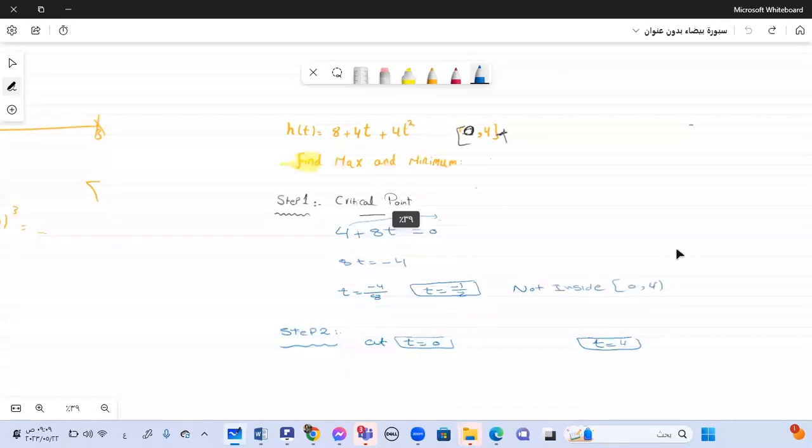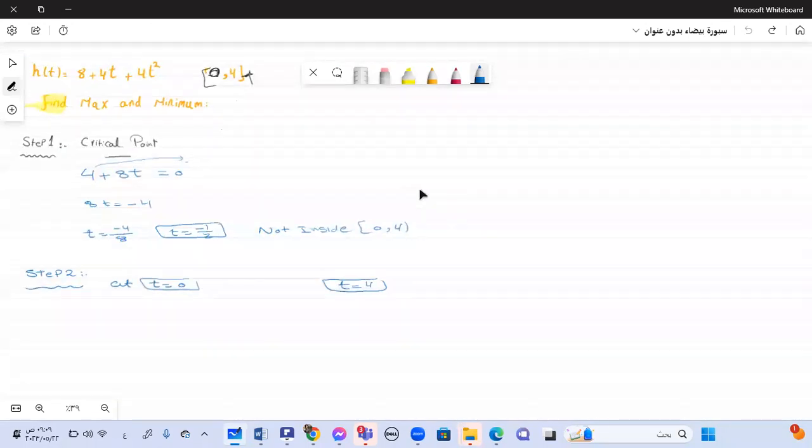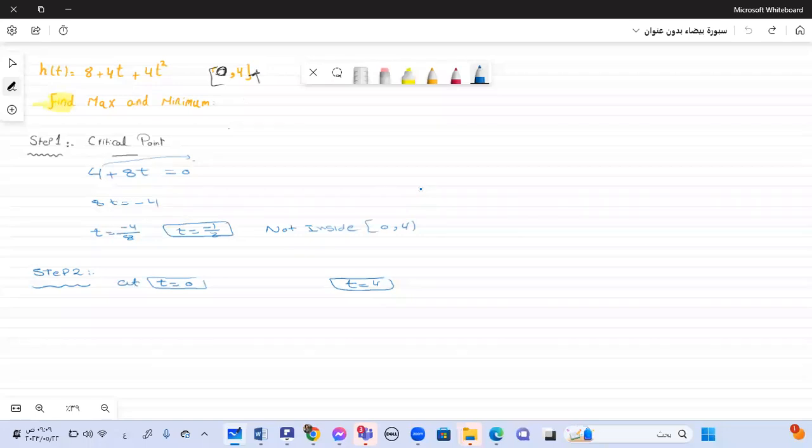Here it is, let me zoom out a bit. 8 + 4t + 4t². Substitute by 0: 8 + 4(0) + 4(0)², and the answer will be 8.